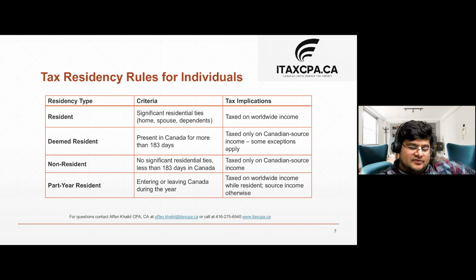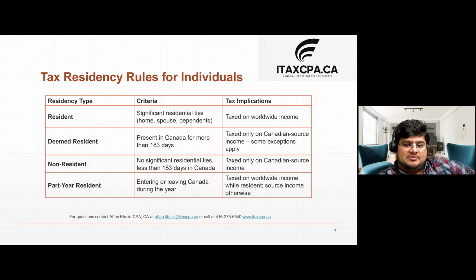If you have your spouse living in Canada, again, that's considered a primary tie with Canada, and having dependent kids is another tie. So if you have a house, spouse, and kids, then you're definitely a Canadian resident, and if you're considered to be a resident, then you are subject to tax on your worldwide income in Canada.